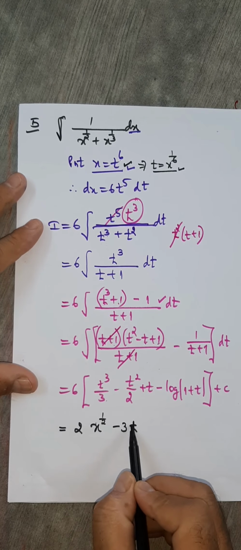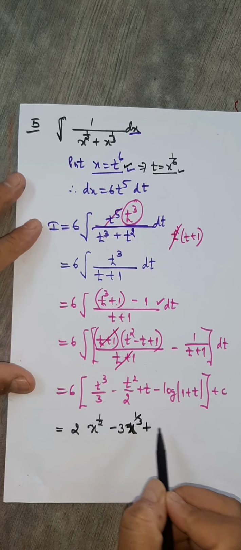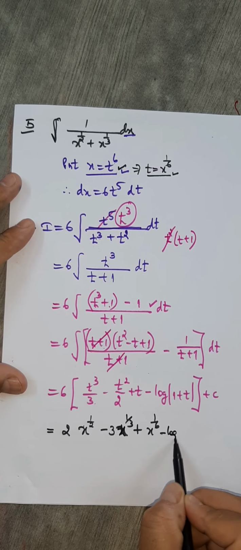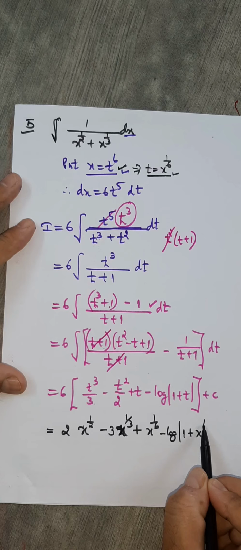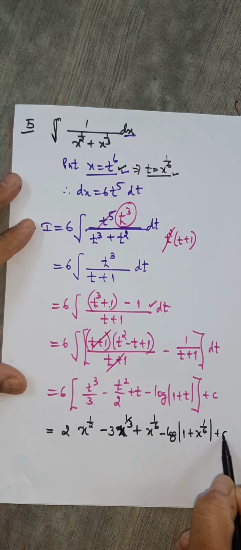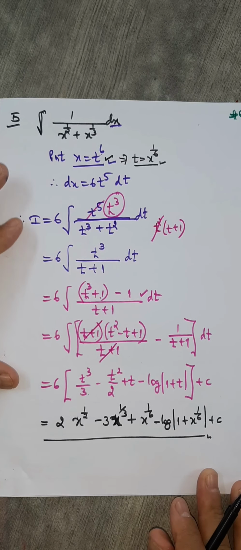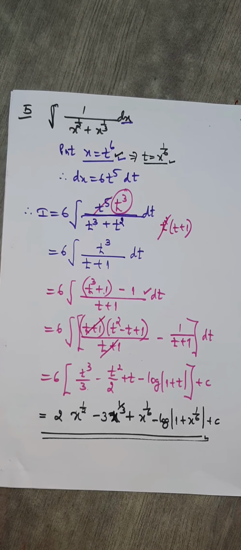So this is x raised to 1 by 3 plus x raised to 1 by 6 minus log of 1 plus, what is t? x raised to 1 by 6, plus c. This is the required integral of the given function here.